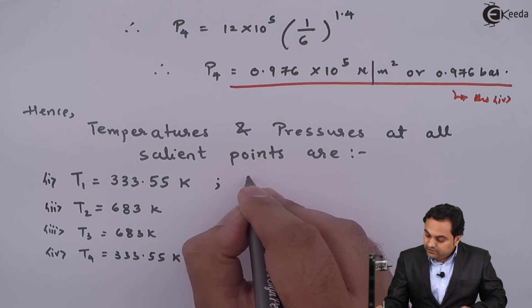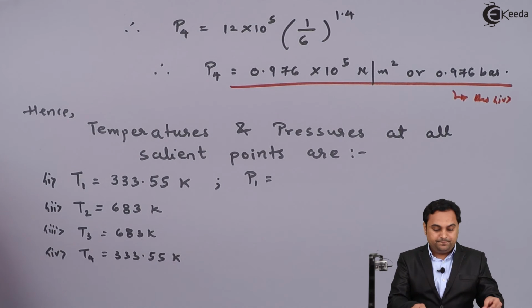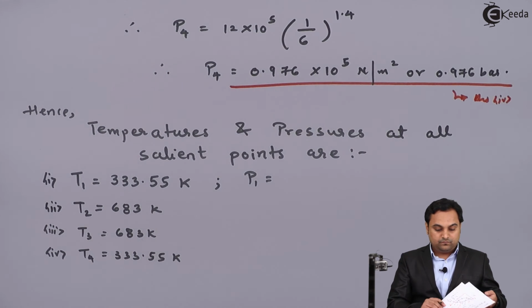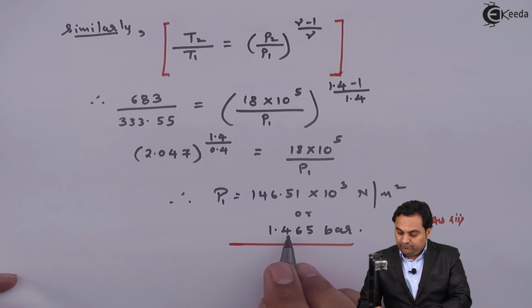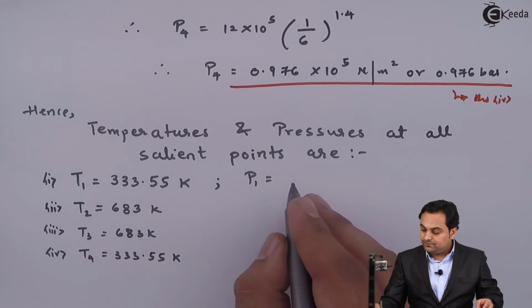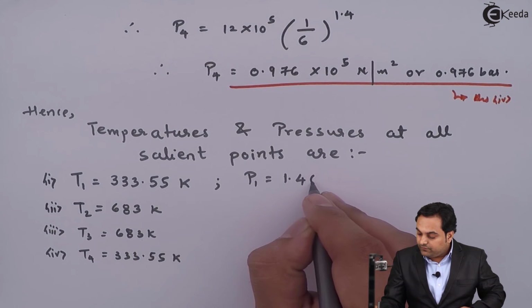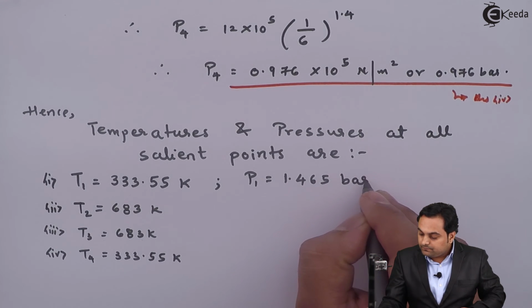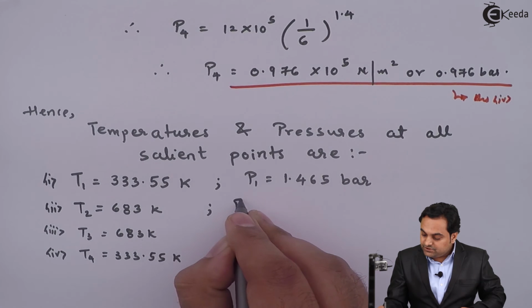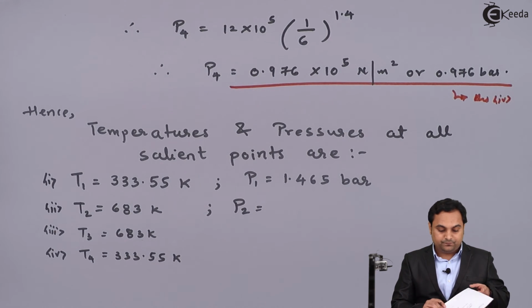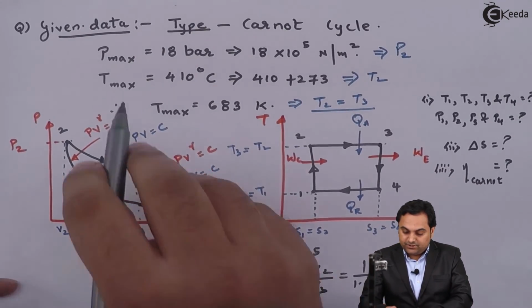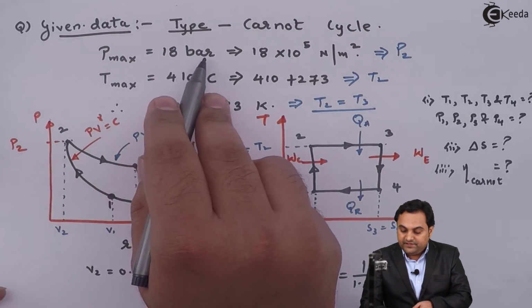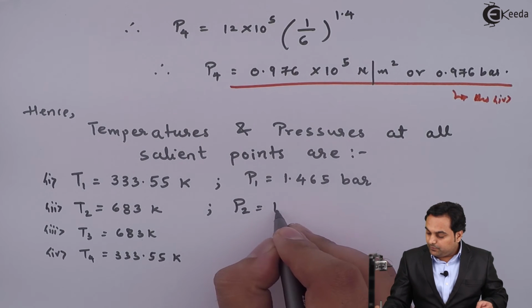Next, similarly, pressure at point number 1, P1, is 1.465 bar. Next, pressure at point 2, that is the maximum pressure, is 18 bar, already given in the problem.